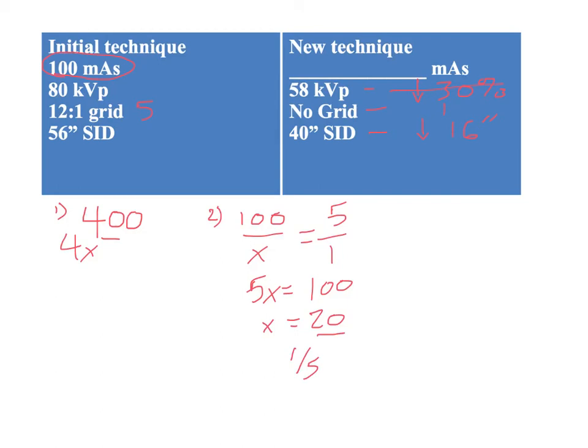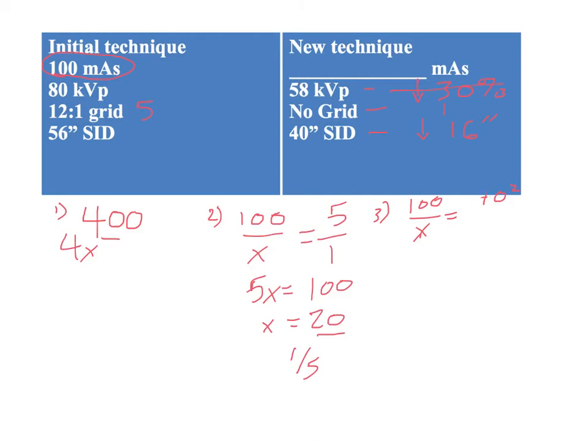And then the final thing is the SSD. So we're going to go ahead and apply the inverse square law. And we're going to say 100 over x equals, oh, actually, we'll just apply the square law in this case. So 40 squared, or I'm sorry, 56 squared.